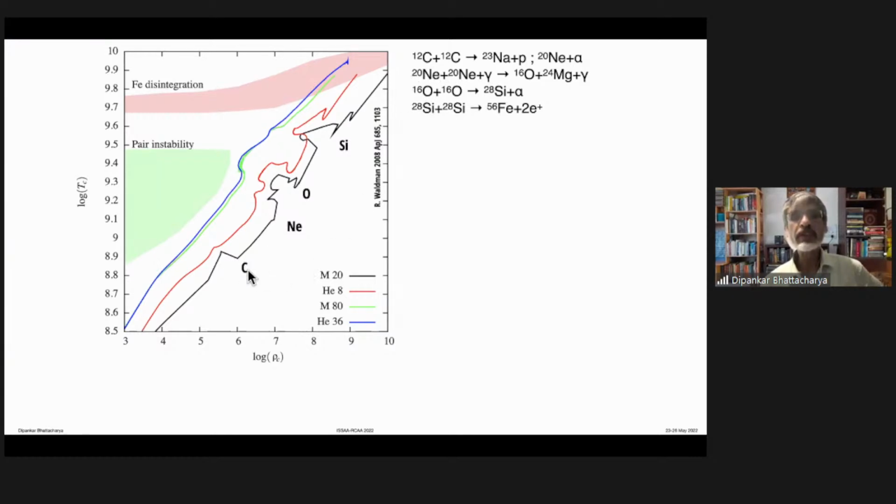Carbon fusion ends up primarily in producing neon. Neon then produces oxygen. Oxygen then produces silicon, and silicon then produces iron.